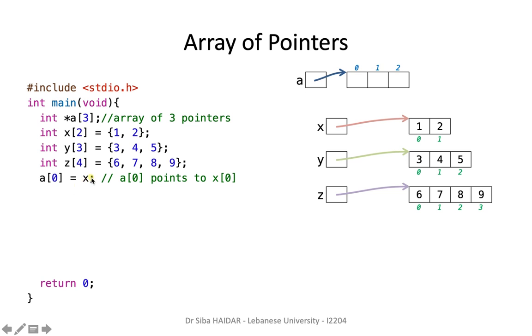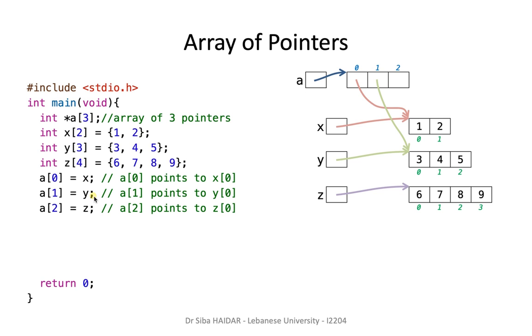Yes, I can, because x is an int star, and every element in a is an int star. So this assignment is permitted, and a of 0 will copy the value that is inside x, so it will point also to x of 0. The same goes for a of 1, in which I will copy y, and a of 2, in which I will copy z.